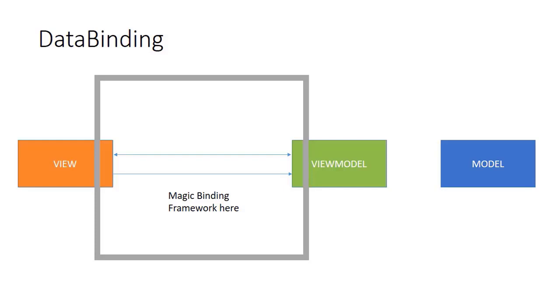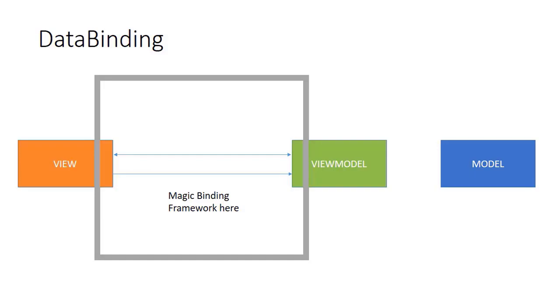I have already mentioned that between the view and the view model, there is a data binding framework. And this data binding framework is used to pass the information to the view from the view model and from the view to the view model. But very often, we have data binding going between our view and the model classes directly. And let me clear things up again.